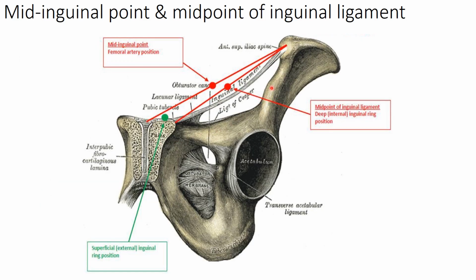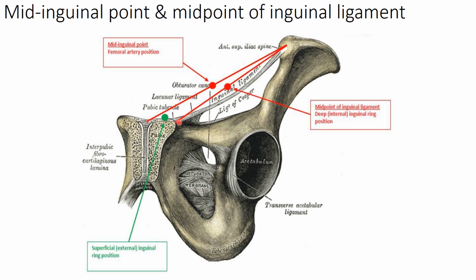There are two surface landmarks that should be discussed here. First is known as the mid-inguinal point and second is known as the midpoint of the inguinal ligament. Starting with the mid-inguinal point: it is the point between the pubic symphysis and the anterior superior spine, and this corresponds to the position of the femoral artery.